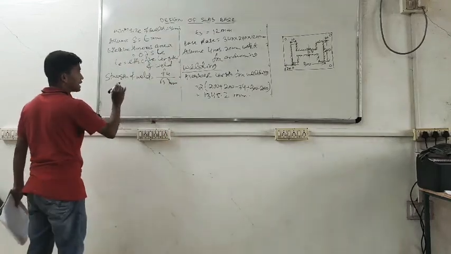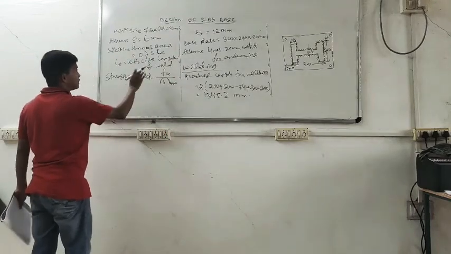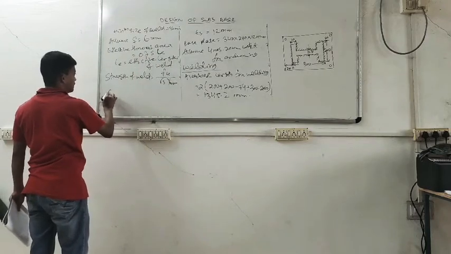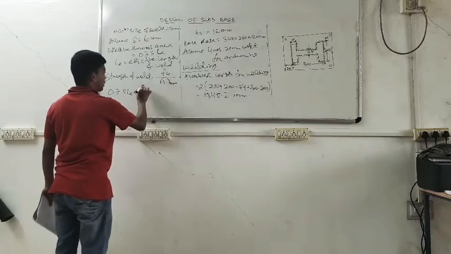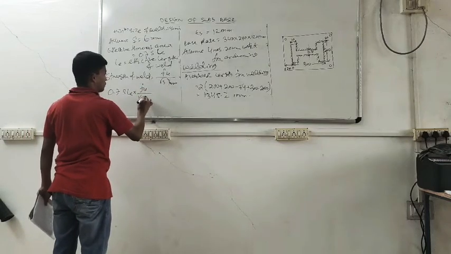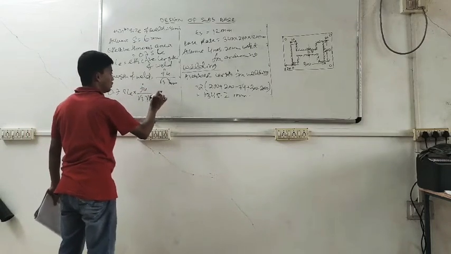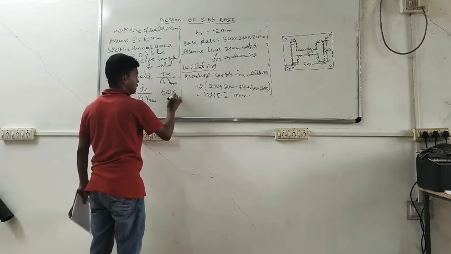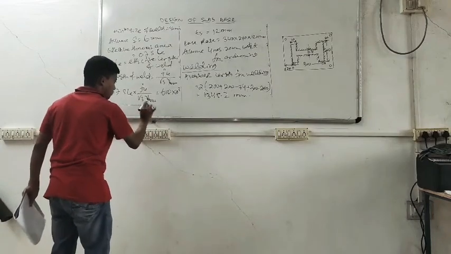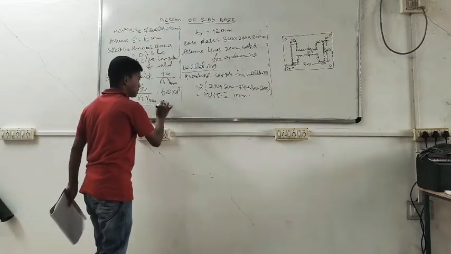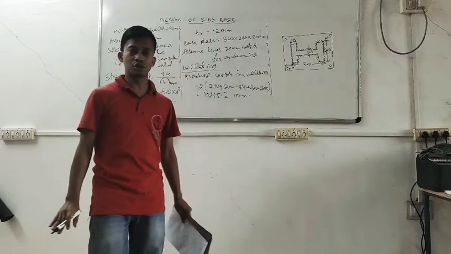So the load carrying capacity of the weld, the effective area 0.7 S into LE into the strength of weld Fu divided by root 3 into gamma Mw, will be equal to 600 into 10 to the power 3. The load carried by the weld should equal the load coming on the structure.